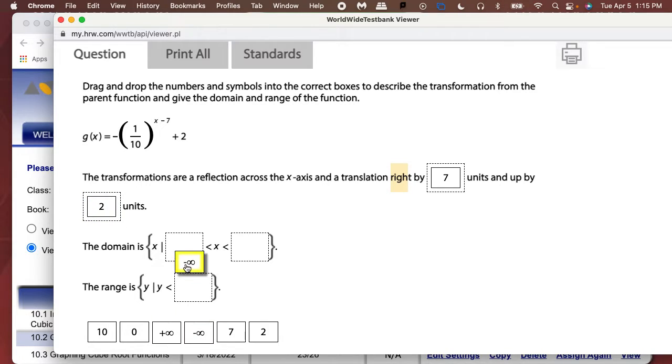A number line, negative infinity to positive infinity for the domain. There is no boundary on X. X can be all real numbers from left to right on the number line. But because of this negative, that speaks to a reflection.